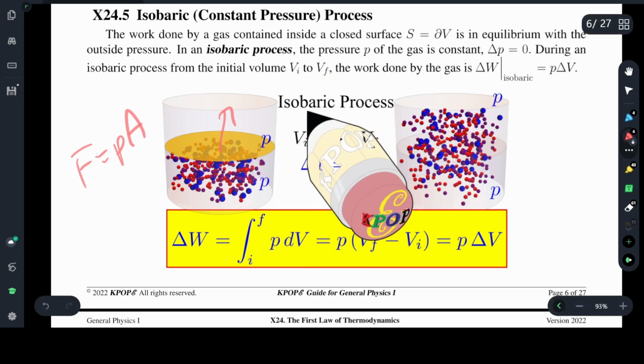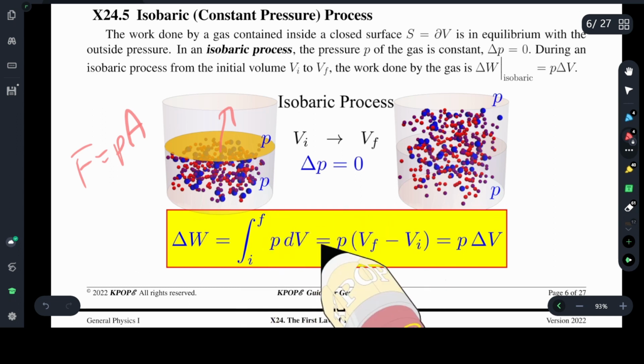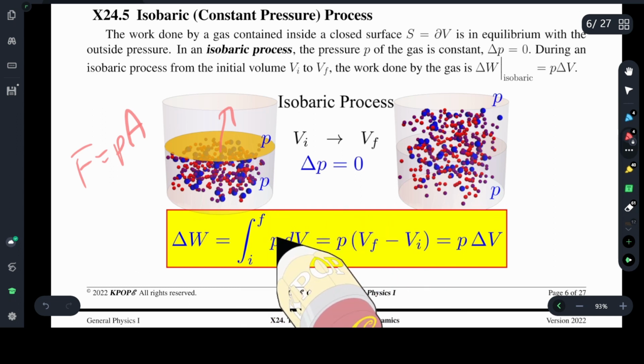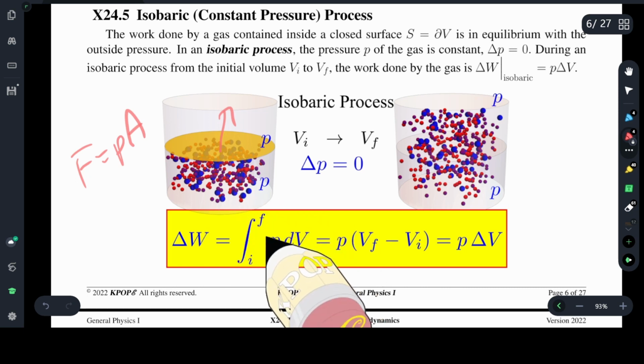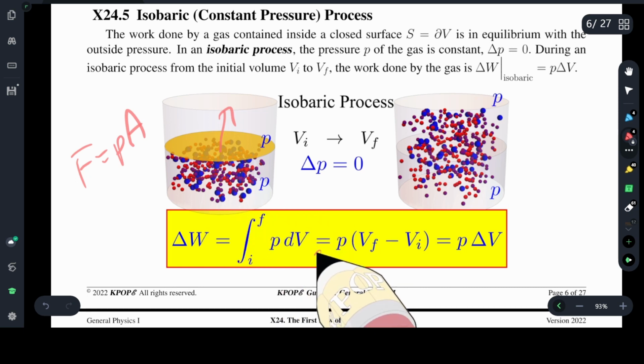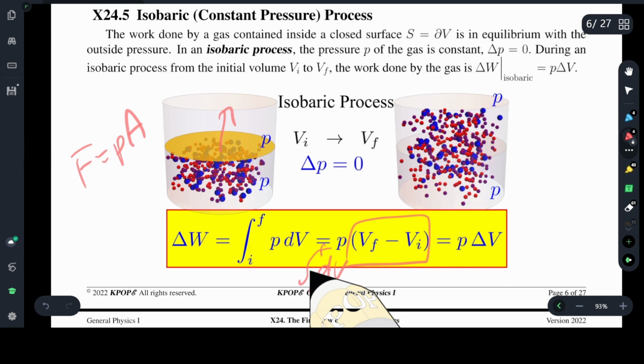When the pressure is kept the same for whatever reason, the work done by the gas is the pressure's integral over volume. However, pressure is constant, so it factors out of the integral. So this is a simple integral, a total differential from the initial to final. So the answer is the finite difference of the volume change.